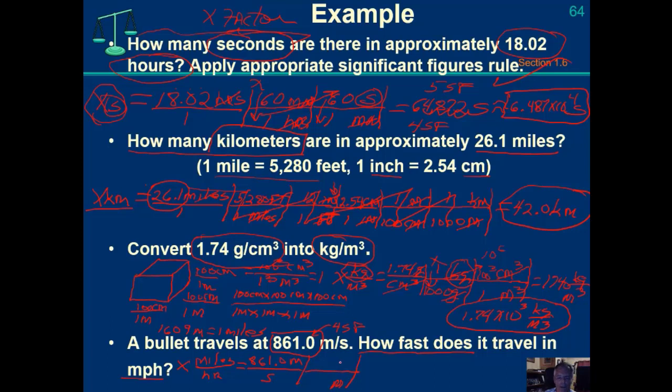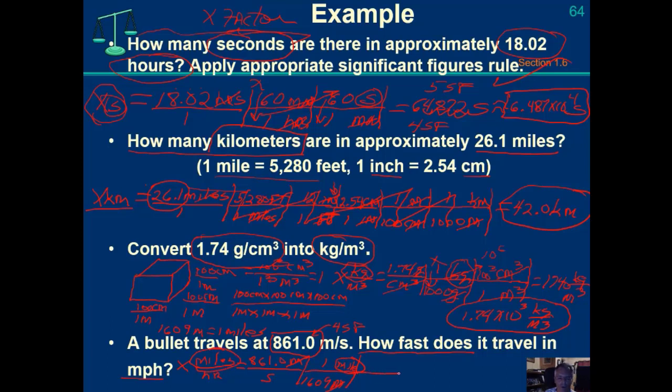So I've got meters, and up here I've got miles. Miles is the larger unit, and so I have 1,609 meters per 1 mile. And so when I multiply across, meters will cancel. That's going to give me the numerator of my x factor, which is miles.